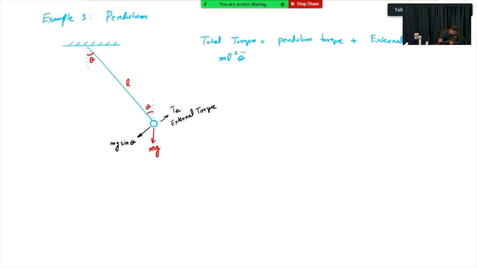You can look at this from the physics literature, but I'm just going to write it here to give you a sense of how things are derived. And the pendulum torque will be minus mg sine theta times L, and an external force, which is Te, right?